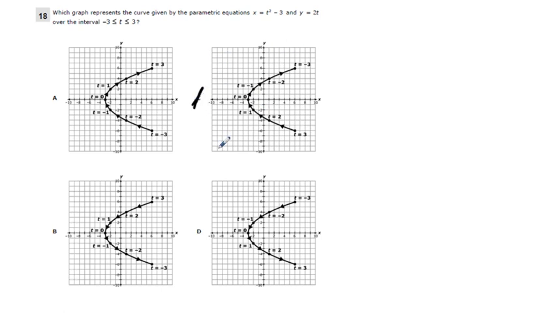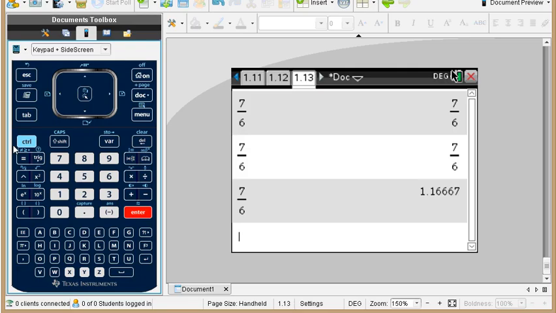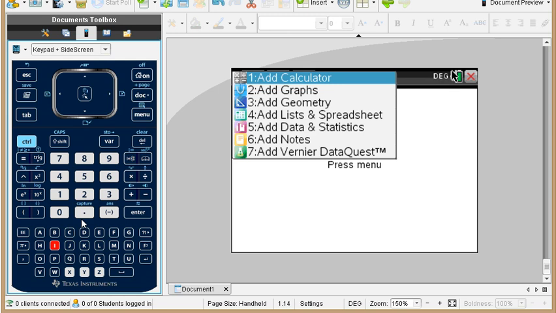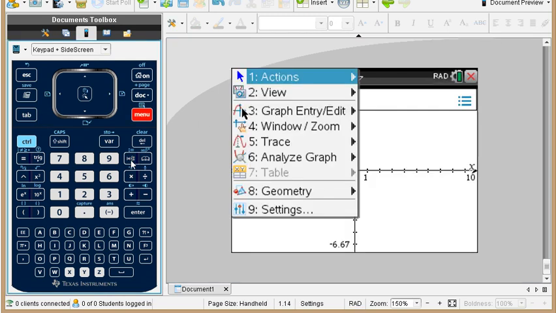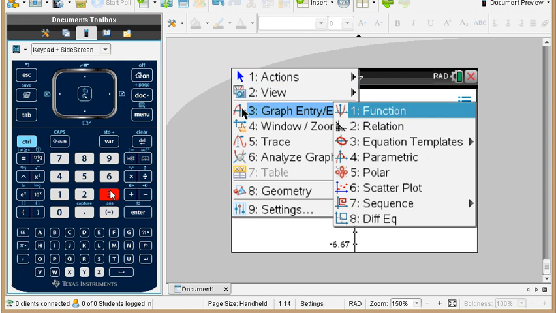So now we're really between answer choices A and D, and for that we can just go to the calculator, say okay, Control I, add graph, and graph parametric, Menu 3, 4, graph parametric, and so for that we just go to t squared minus 3, and y equals 2t.